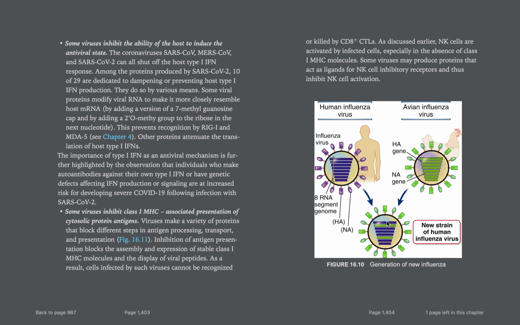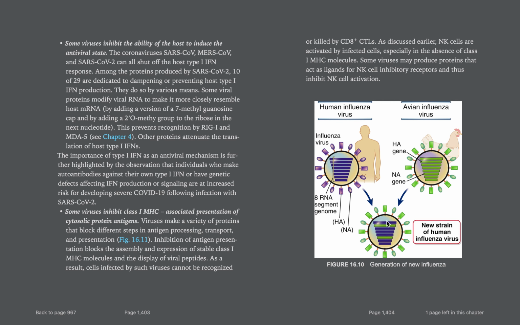Other proteins attenuate the transcription of host type 1 interferons. The importance of type 1 interferons as an antiviral mechanism is further highlighted by the observation that individuals who make antibodies against their own type 1 interferons or have genetic defects in interferon production or signaling are at increased risk of developing severe COVID-19 following infection with SARS-CoV-2.